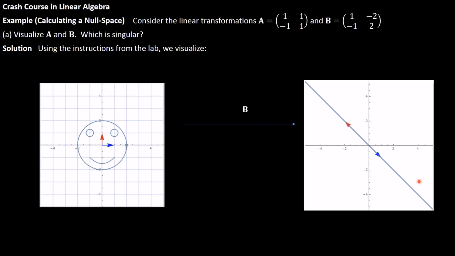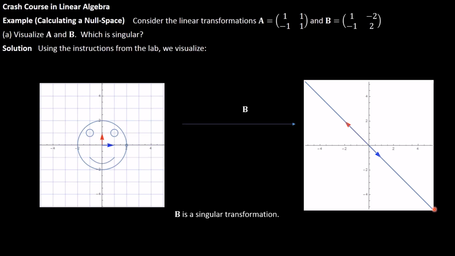And there's a couple ways you could have seen that. One is that the determinant of B is 0. The determinant of B is 1 times 2 minus -1 times -2, which is 0. So if the determinant is 0, that means that B is compressing squares onto parallelograms of area 0, the only explanation for which is that it's compressing them onto a line.